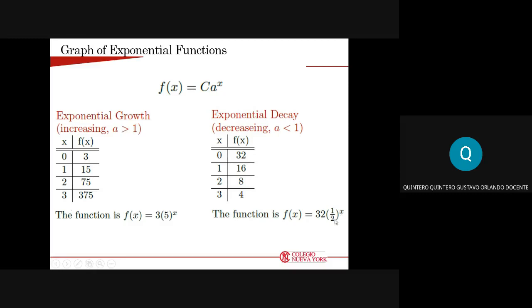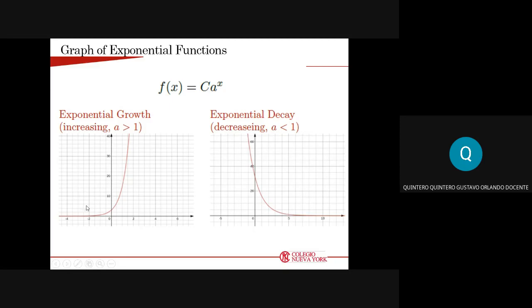If the value of a is lower than 1, we have exponential decay. That is the second way. But also, we have a third way, and that is looking at a graph. If the line goes up, then we have exponential growth. If the line goes down, then we have exponential decay. Beautiful, guys. We are running today.